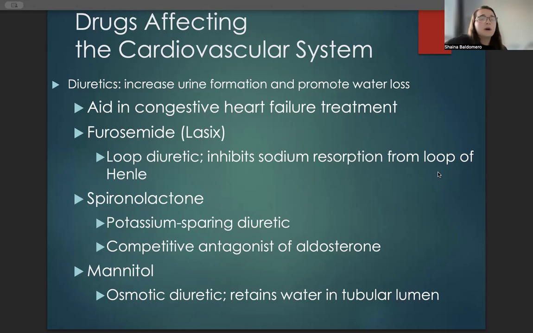So, a lot of swelling, liquid inflammation that is in the neurological cavity. So mannitol is used a lot in that trade of medicine, but it's still a diuretic and could be used for other purposes too. It's considered to be an osmotic diuretic, which retains water in the tubular lumen.